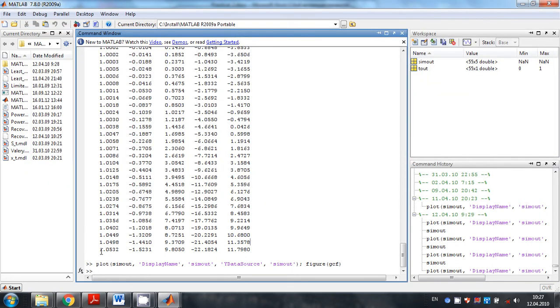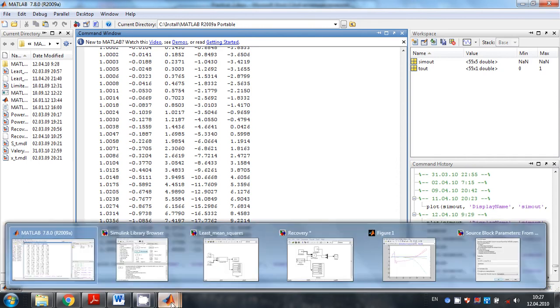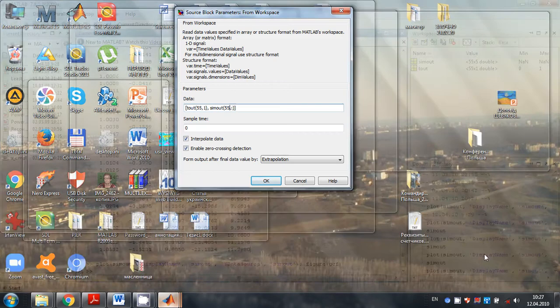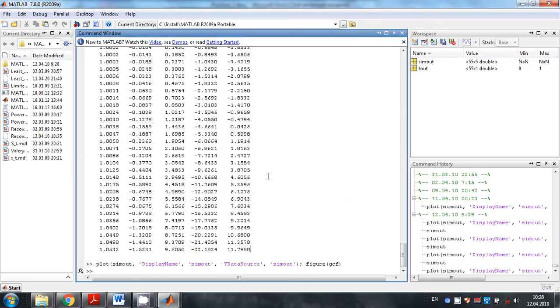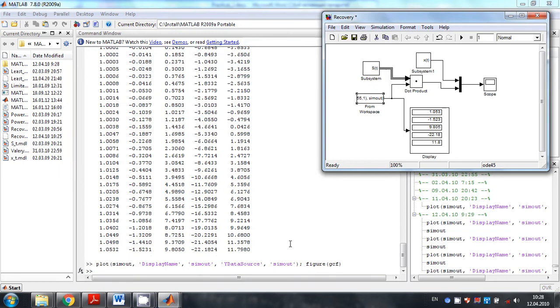So the number of this row is 55th, and we pick all these columns. These are our input data. Now actually these data are illustrated here. If we compare, we see that these are the same coefficients. So we pick the last 5 columns of this particular 55th row.